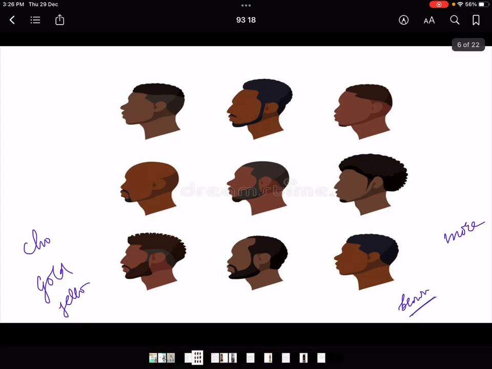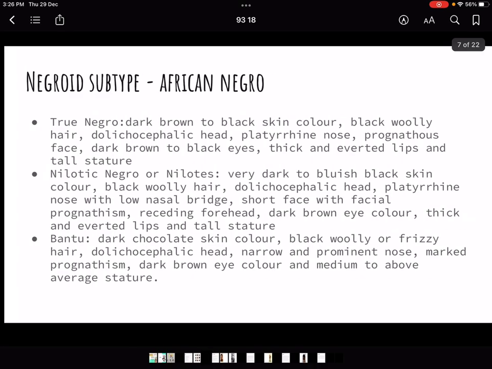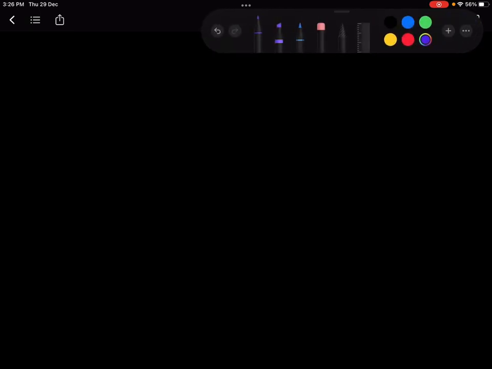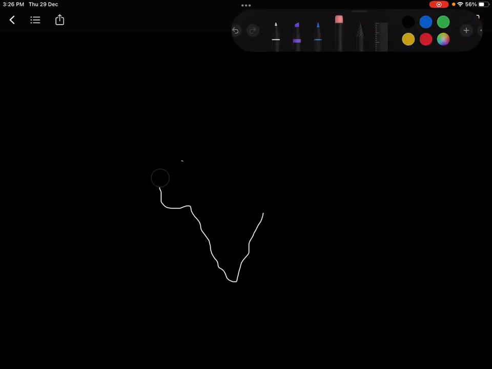Now that we have revised what the Negroids are, let's go to the subtypes, but let me first draw the map for you so that we are able to mark it also, okay. I should have made Africa big because we are going to use it mostly.